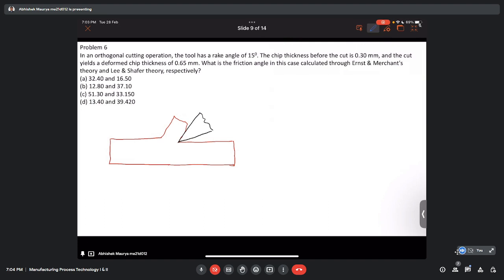Okay, so here I have shown the tool and workpiece, and the workpiece is moving with a velocity v, and this is the rake face of the tool.